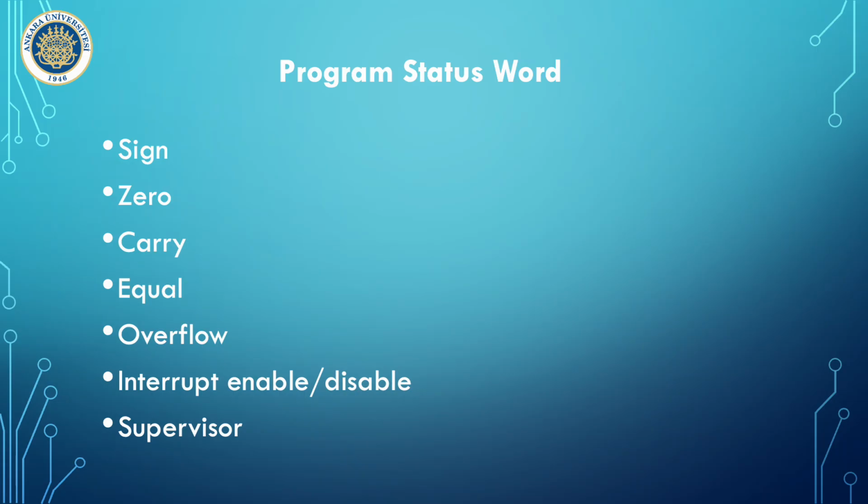It may also include control bits such as the interrupt enable or disable flag and a supervisor bit that indicates whether the processor is in user mode or privileged mode. The operating system relies on the PSW to manage protection, error handling, and the response to interrupts and exceptions.